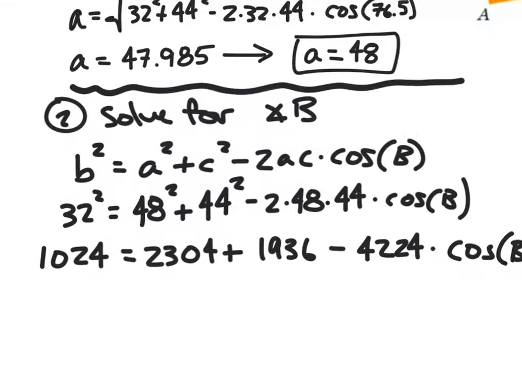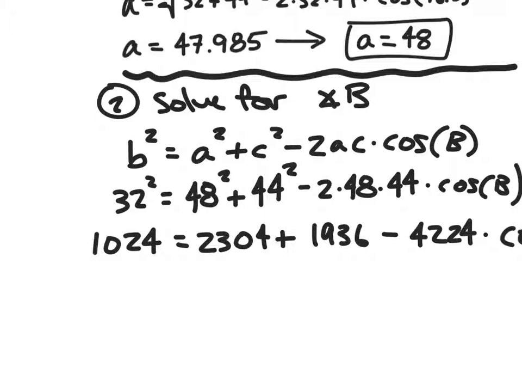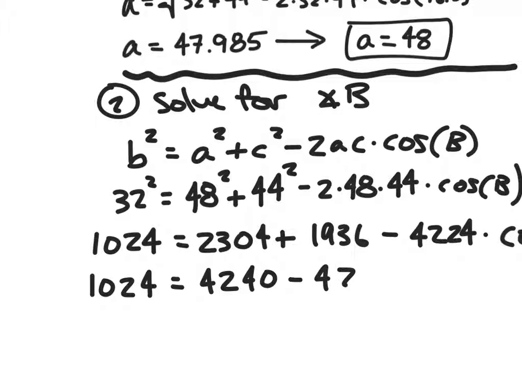Okay, so now let's move all these numbers over. Let's first combine our like terms here. So I'm going to do 2304 plus 1936. And so I get 1,024 is equal to 4,240 minus 4,224 times cosine of angle B. All right, so here's what I've got.